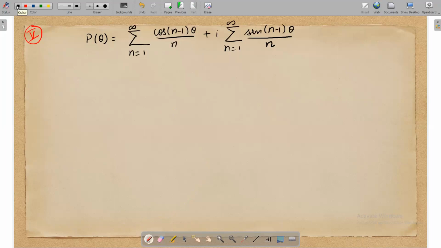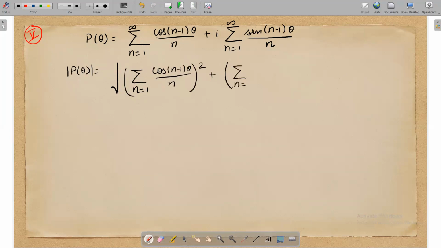What we are doing in the question, we are actually calculating the distance of the endpoint from origin. Distance means what? You actually calculated modulus of p theta. So observe carefully. I'm going to write here modulus p theta, which will be root over sigma of cos (n minus 1) theta upon n whole square, plus again sigma n is from 1 to infinity sine (n minus 1) theta upon n whole square.